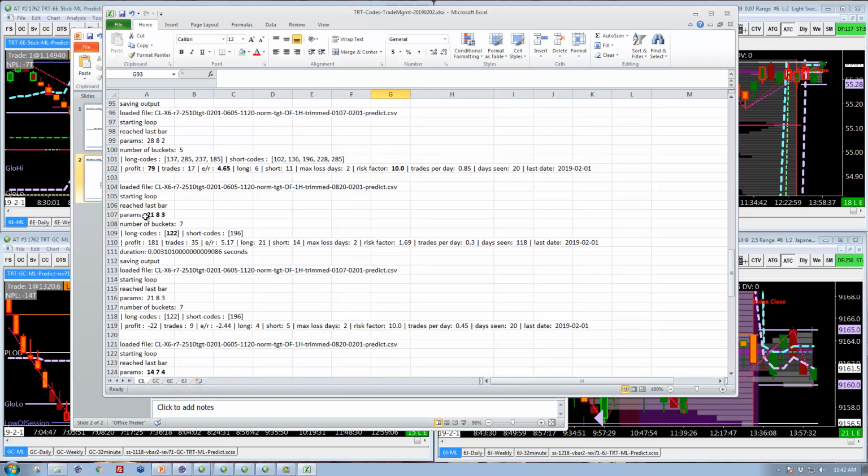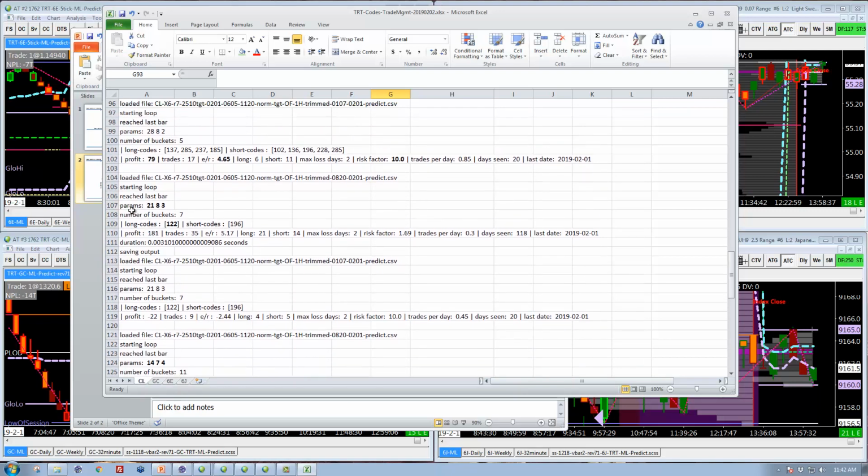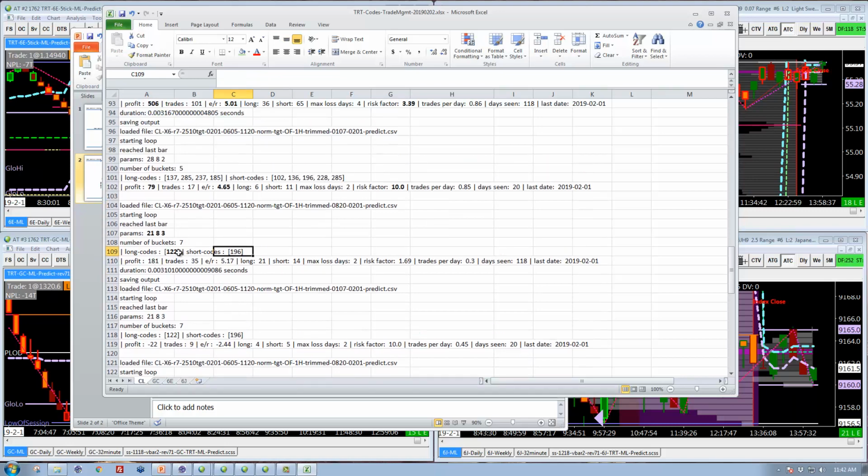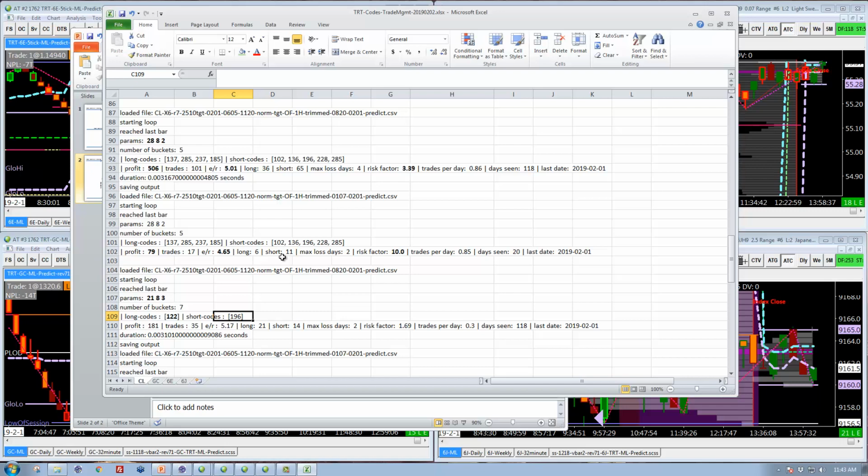So now I'm at 21. I dropped to 21. So show me smaller buckets, high quality, 8, and I want to see it at least 3 times. And you can see there's only 2 codes there. But what this does for me is it tells me to pay more attention to these codes.